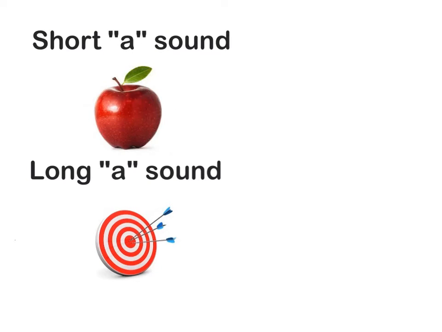Today we will be talking about words that have the short A sound, like in apple, and the long A sound, like in the word aim. Words that have the short A sound, like in apple, will be written or spelled with a consonant, vowel, consonant pattern. So within the word, you'll see a consonant, vowel, consonant, and the A will make an A sound like in apple.